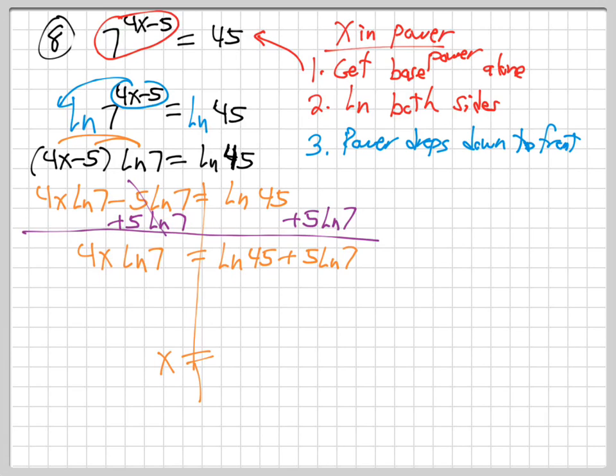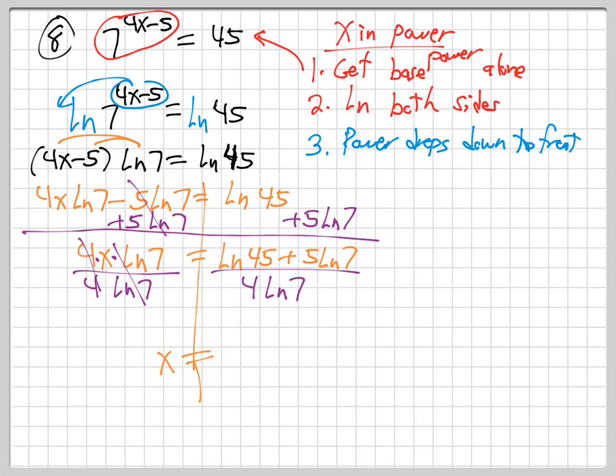And then last step to get x alone is we divide by the 4 and the ln 7. Why? Because they're both multiplied by the x, aren't they? That'll get rid of both of them. Whatever you do to one side, you have no choice but to do the same thing to the other to keep the balance. So we divide by that because those were multiplied by the x.